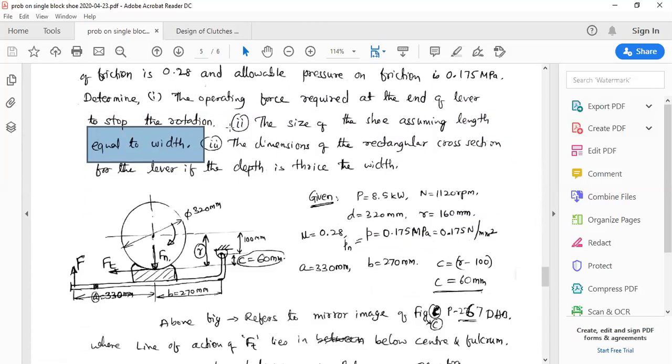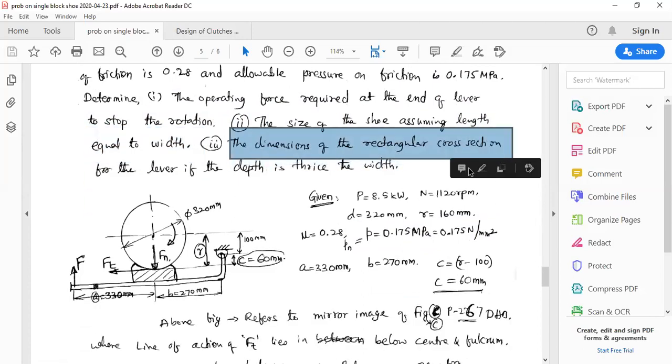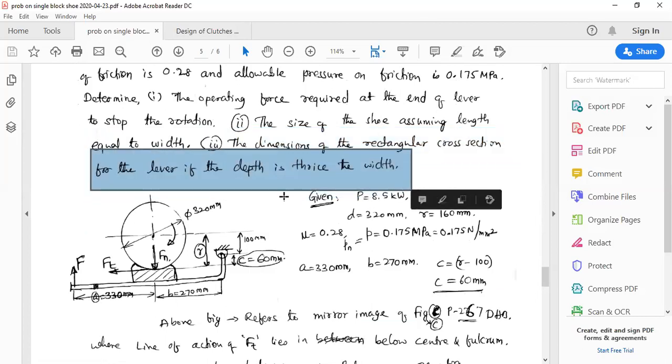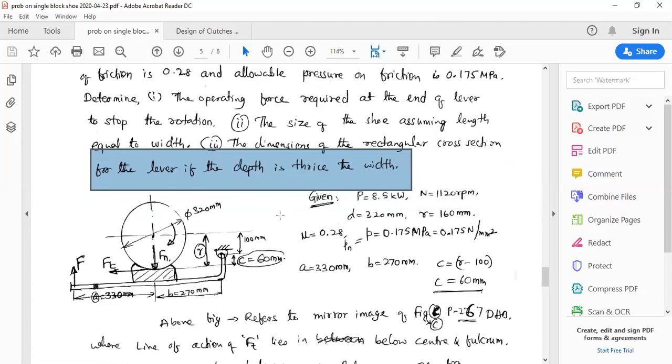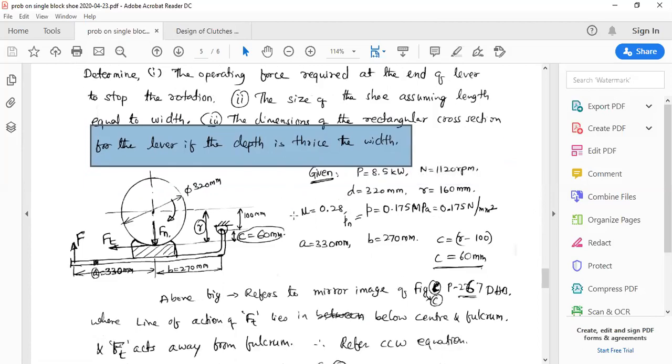After that, we determine the dimensions of the rectangular cross section of the lever, if the depth is thrice the width. So these are the two additional things that we have to carry out here. In the previous cases, we have calculated the power in one of the problems, based on whether the value of 2 theta is greater than 60 degree or less than 60 degree.